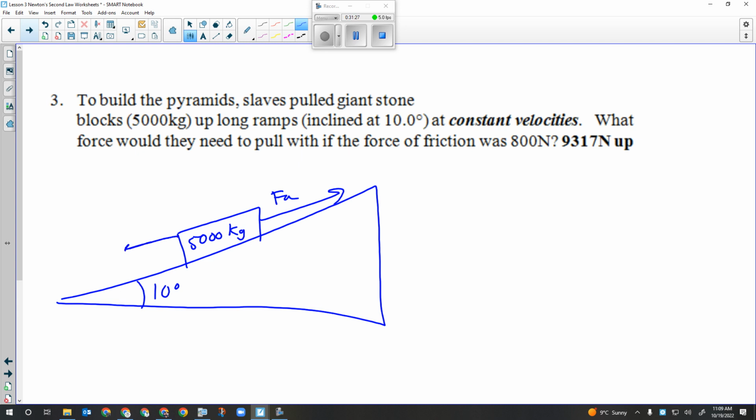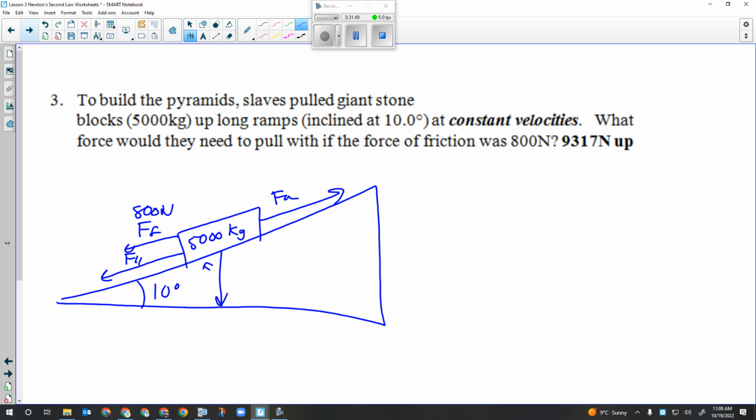Friction and F parallel, and gravity acts this way. So that's my free body diagram. I've got to calculate F parallel because I know what the force of friction is. It's 800 newtons. If I can get F parallel, then I can get FA.